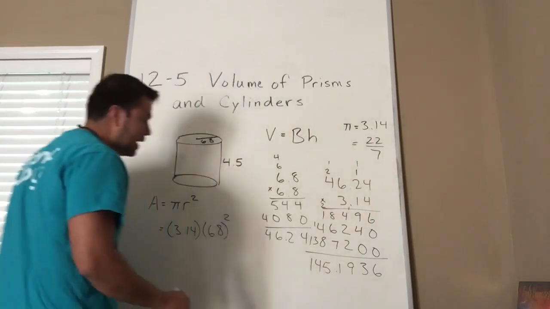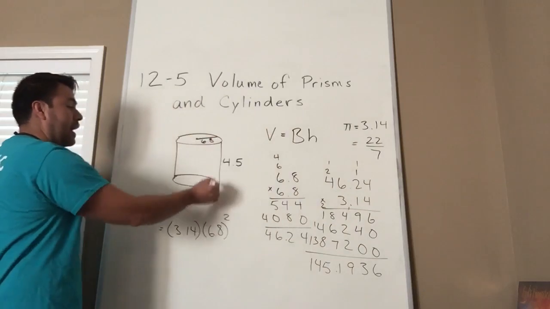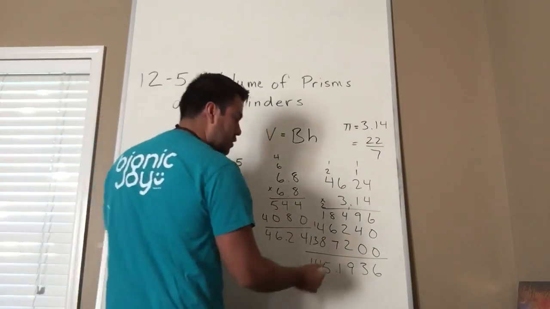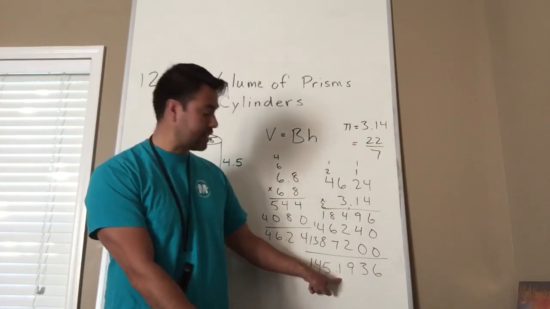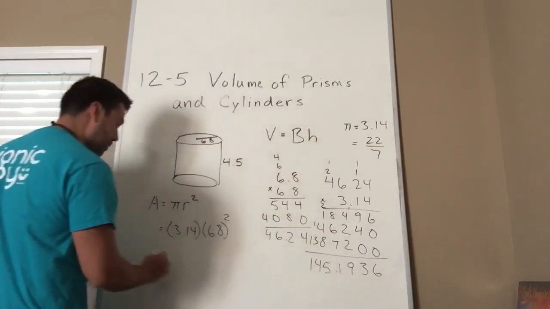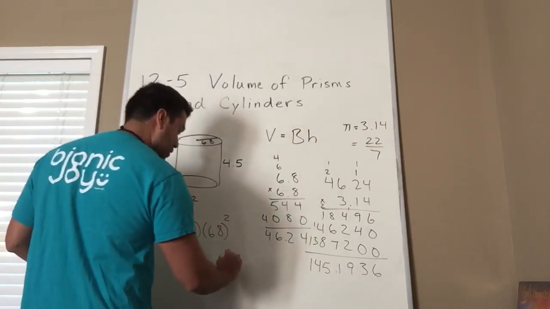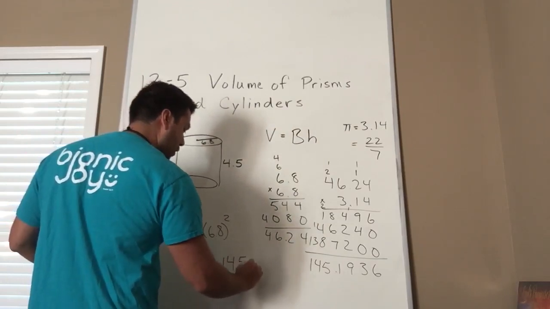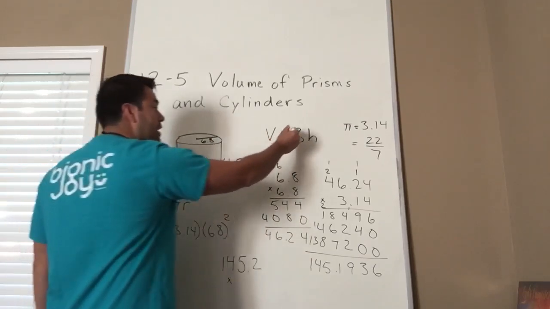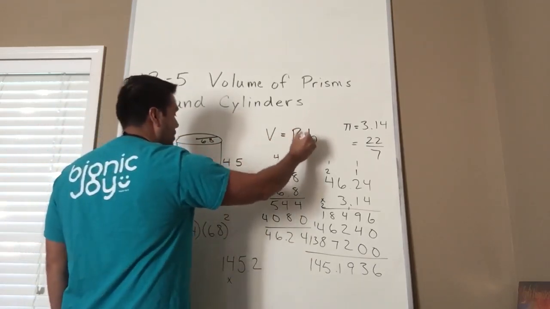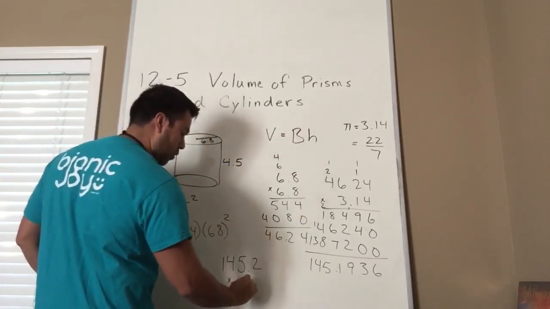And then I have to multiply that by the height. But I'm going to say this, guys, when you find the area of a circle, you can round it to the nearest tenth. So I'm going to say 145.2, and then I'm going to multiply that by the height because all I did was find the area of the base. So now I have to multiply by the height, 4.5.